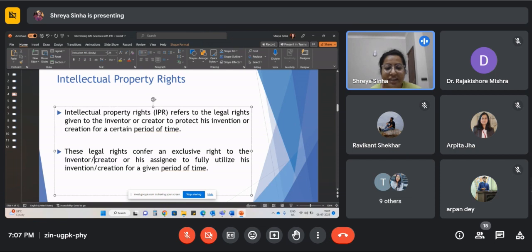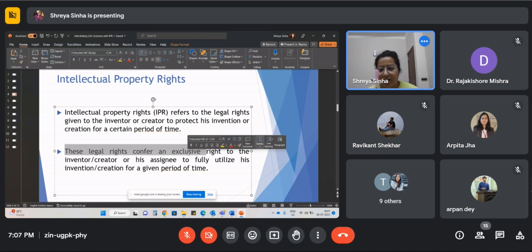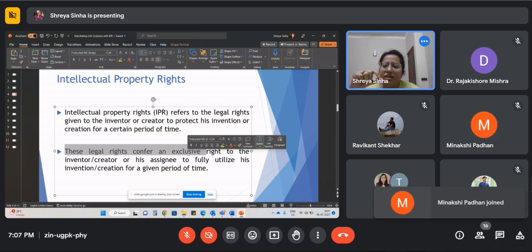Now these legal rights are exclusive rights. We have the exclusive monopoly right over it. For example, this pen is already in the market, but suppose I discovered a torch in the pen, hypothetically something new that is not present in the market.